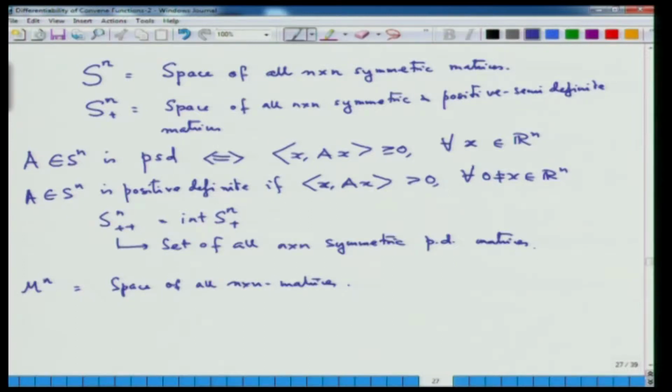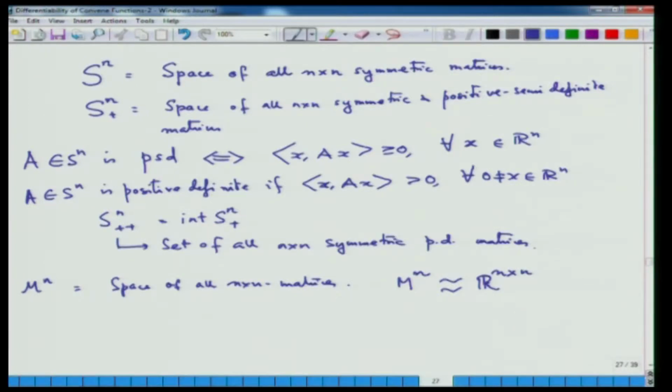How do I say that this space of matrices has a one to one mapping with the space R^(n×n)? Actually, Mn, we will soon show, is isomorphic to R^(n×n). So any finite dimensional space is actually related to a Euclidean space of this type.